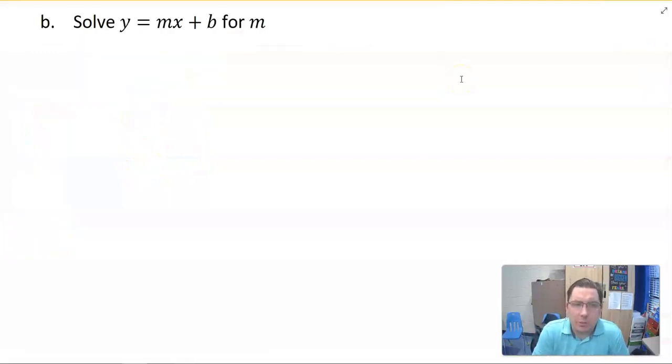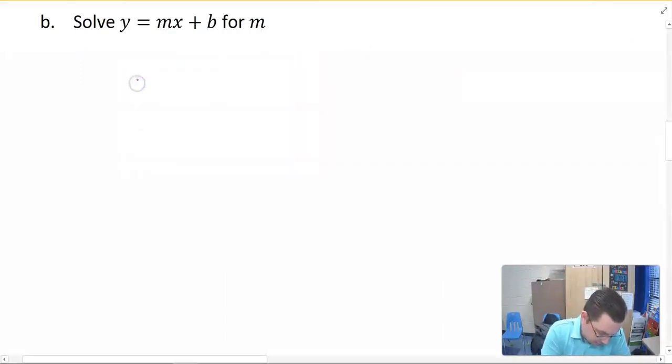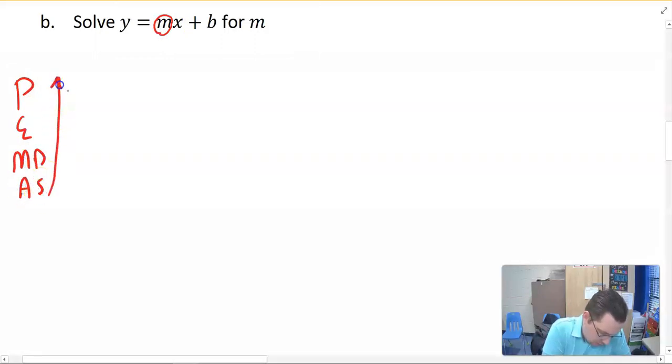As we look at example b here, y equals mx plus b, we want to solve it for m. Here's the m right here. So what do we need to get rid of? We need to do it in the proper order of operations. The first thing I need to get rid of is any addition or subtraction that's attached to the m. The x is attached to the m by multiplication.